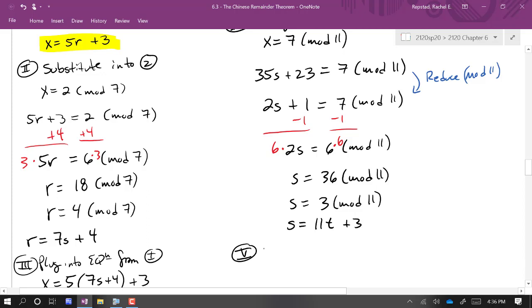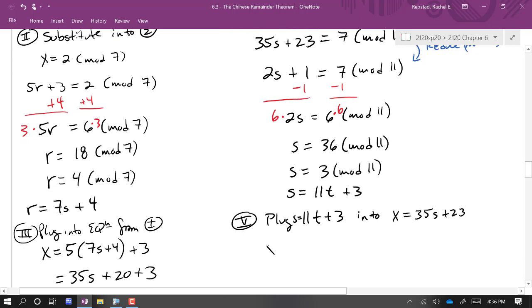Our last step here is to plug 11t plus 3 in for s into the equation we have for x, 35s plus 23. So we have 35 times (11t plus 3), and then plus 23.